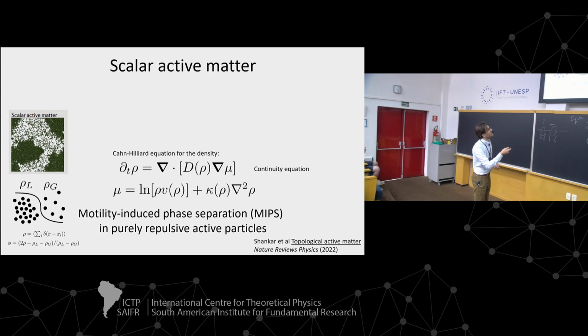What happens then is that you could have phase coexistence in this system between a denser phase, where the particles have slowed down, and a gaseous phase where they're dilute and fast. Phase coexistence is quite common in all sorts of fluids, but the special thing here for scalar active matter is that you can put in particles that have purely repulsive interaction, let's say just hardcore repulsive spheres, and still observe this phase separation.